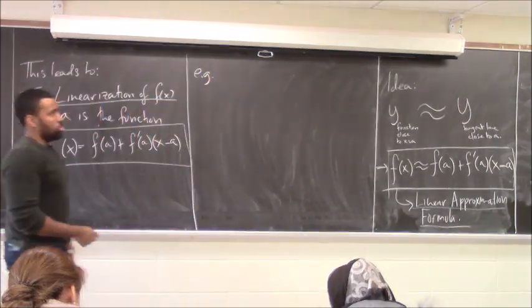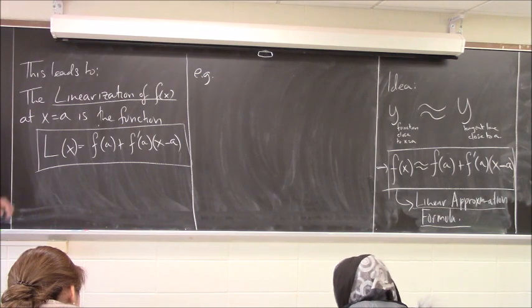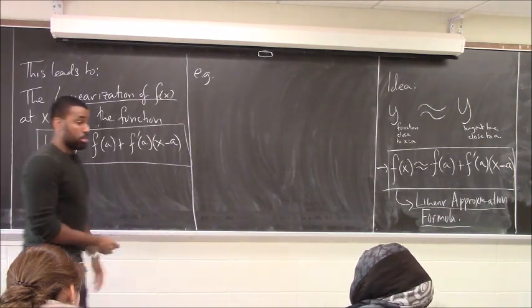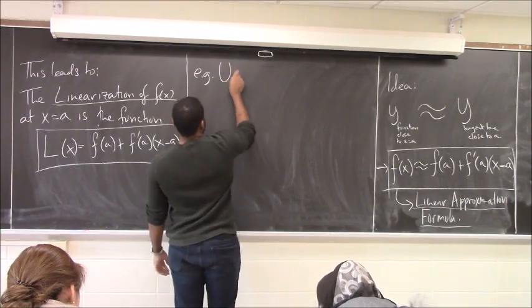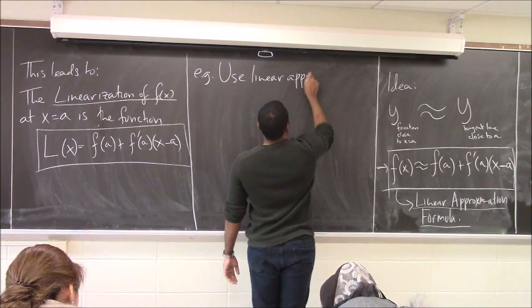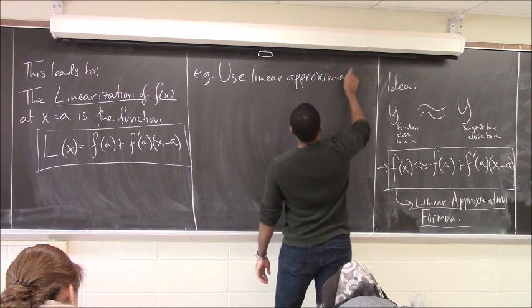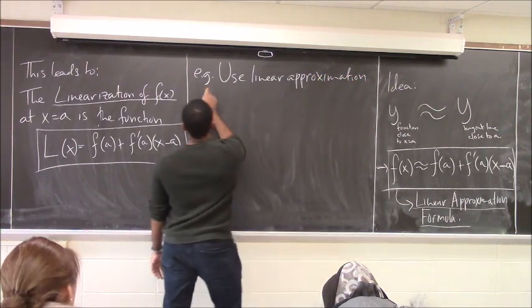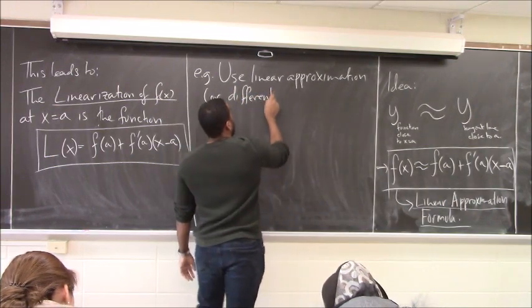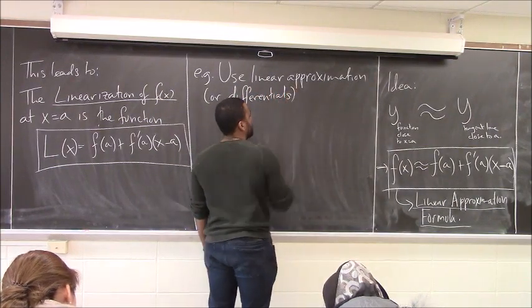Again, if you see a problem about this kind of thing, linear approximation or linearization, the statement of the problem is going to be very similar to this. It's going to say something like, use linear approximation or differentials. We'll talk about differentials later.